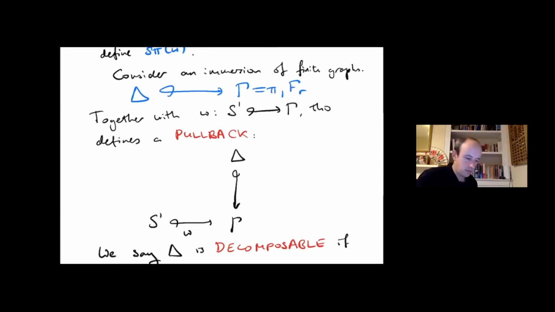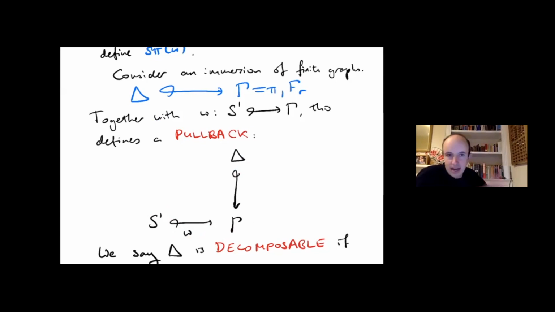And so now I have a diagram that looks like this. You see, on the one hand, I've got my circle mapping to my graph, which represents my element W that I'm interested in. And on the other hand, I also have this graph delta that's mapping to gamma.